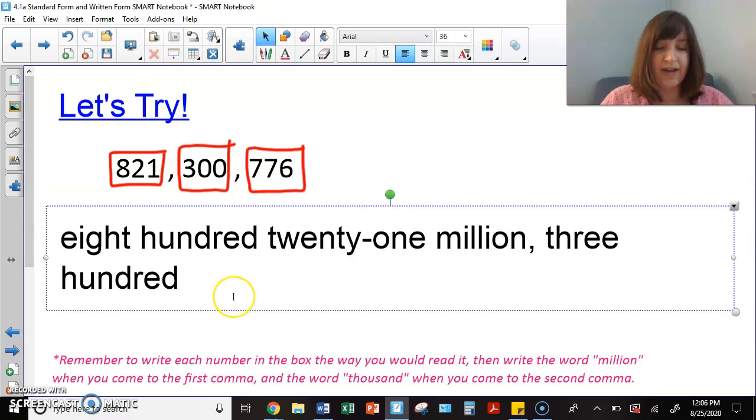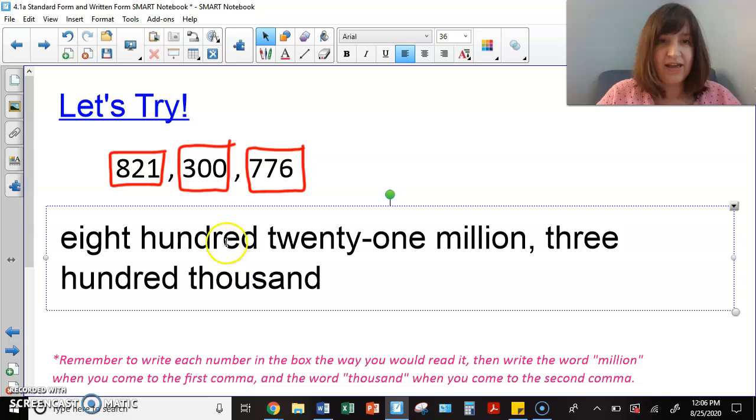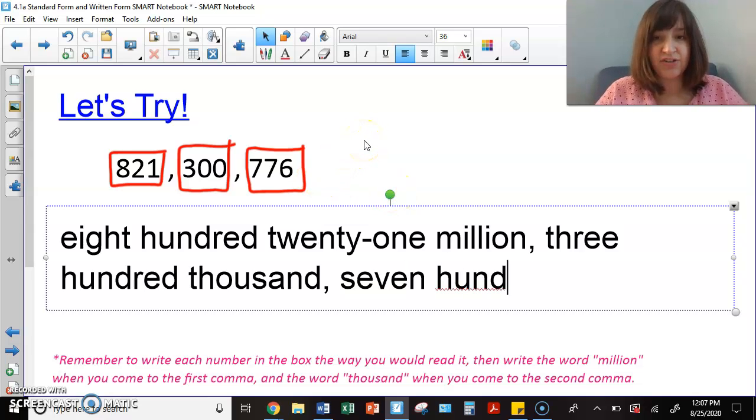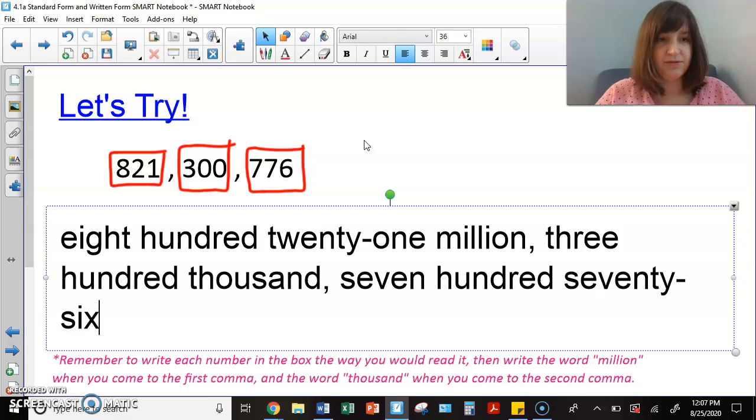So I'm going to write thousand, and then I'm going to put a comma right after the word thousand. My last box says 776. I'm going to write it the same way I say it. Oops, I need to spell it correctly.